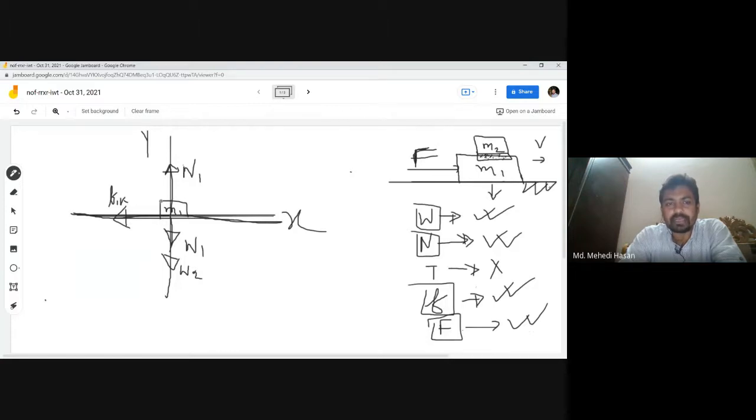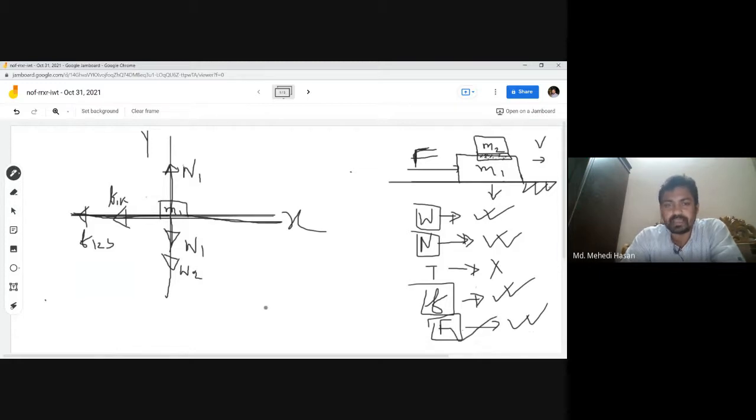The static friction will act at that point, also backward, because the motion of M1 is rightward, so the friction acts backward. This is f12s, the static friction on M1 due to M2. You can write it here or there, since vectors can be shifted parallelly, so we skip this part. Okay, so this is complete.